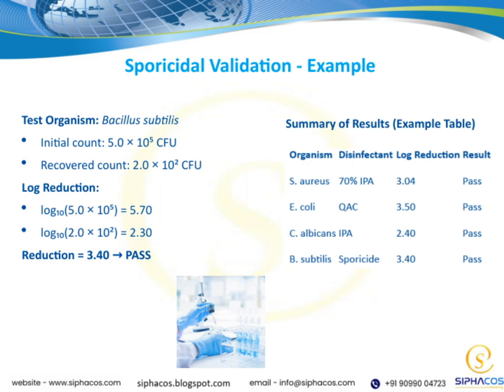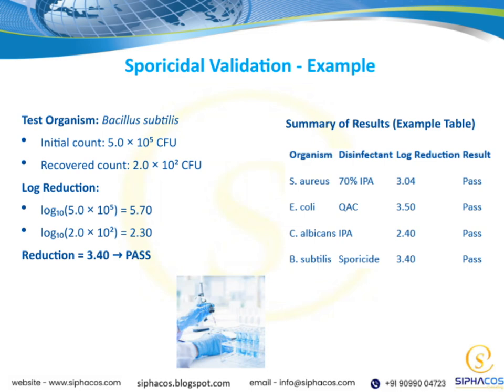Now, to understand how effective the sterilization was, we calculate the log reduction. We do this by taking the base 10 logarithm of the initial count, which gives us 5.7, and the logarithm of the recovered count, which is 2.3. The difference between these two values, which is 3.4, represents the log reduction.